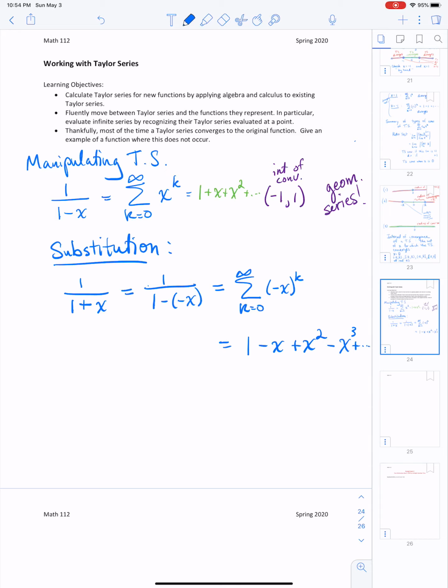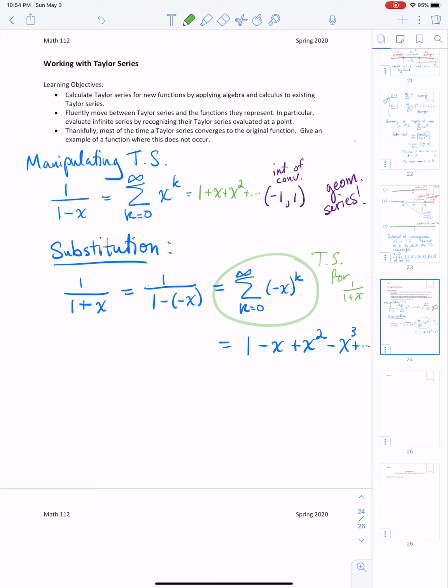So here is the Taylor series for 1 over 1 plus x.